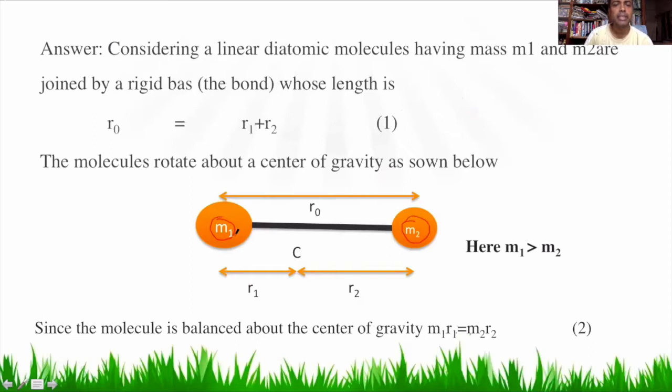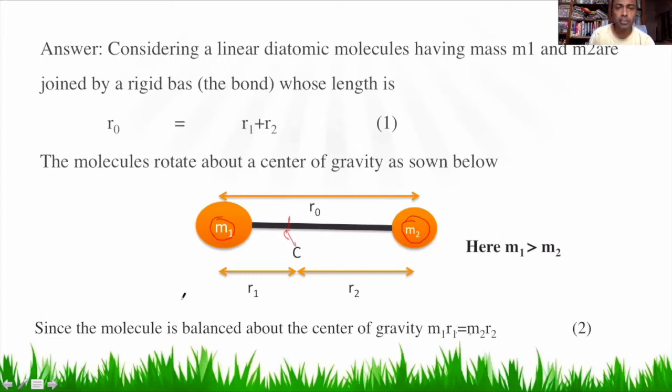If I consider the mass of atom 1 is m1 and the other is m2, and m1 is greater, then the center of gravity will lie more towards 1, since the mass m1 is higher. So let's imagine the center of gravity will be here. It will be more towards m1 rather than towards m2.